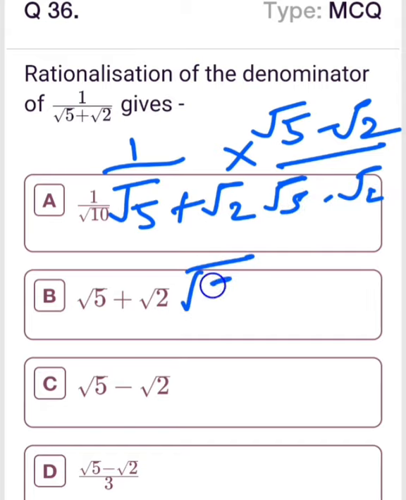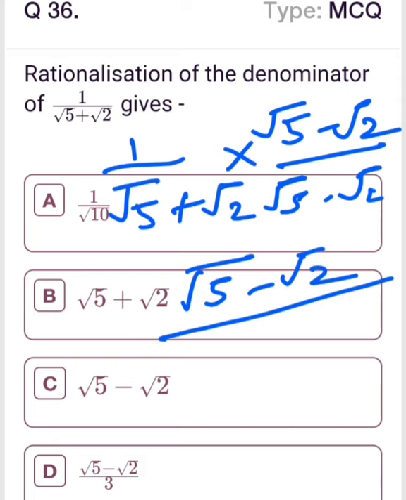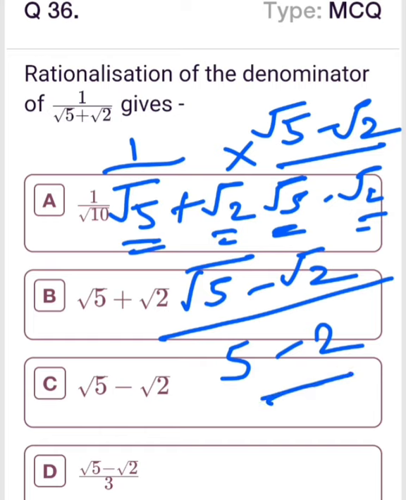Numerator will be the same because we multiplied by 1. This is a plus b, a minus b, a square minus b square. Root 5 into root 5 is what? 5. And root 2 into root 2 is what? 2. Then what will be the answer? Root 5 minus root 2 upon 5 minus 2, which is 3. Then root 5 minus root 2 upon 3 is your answer.